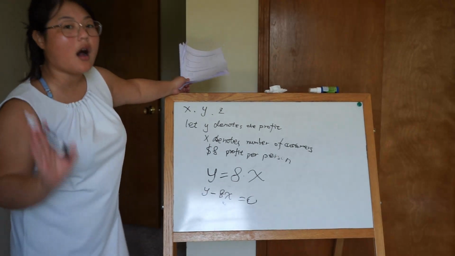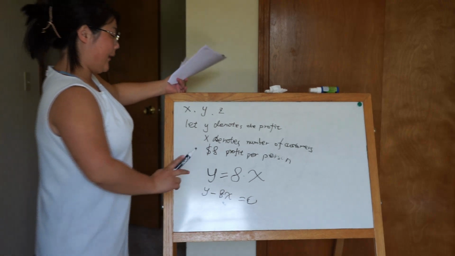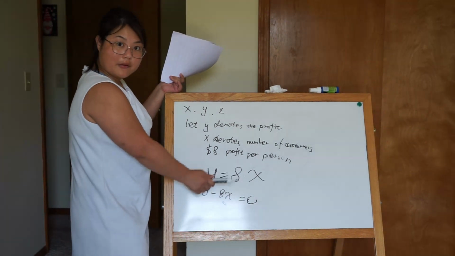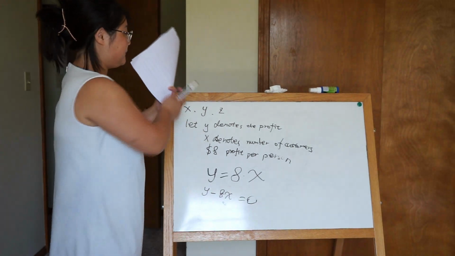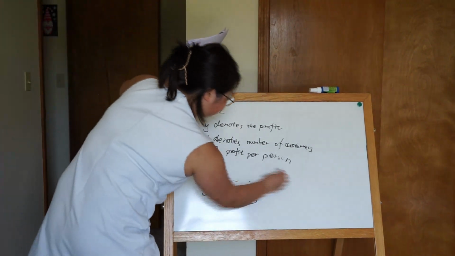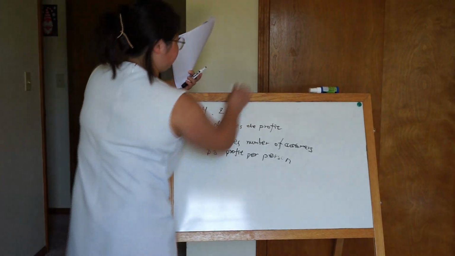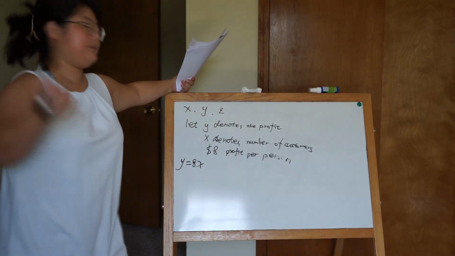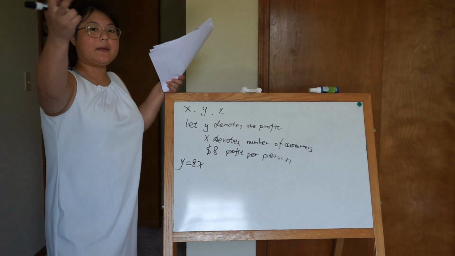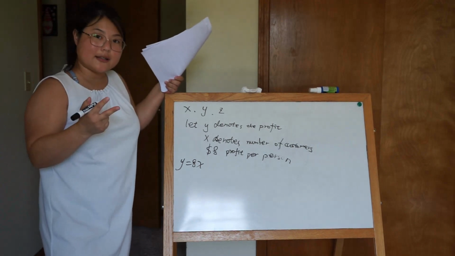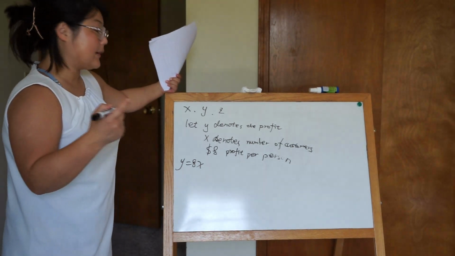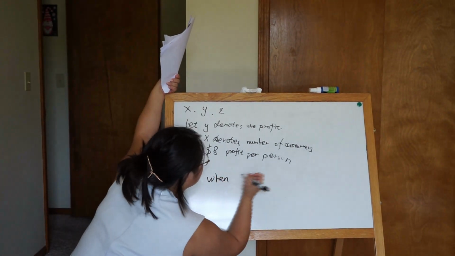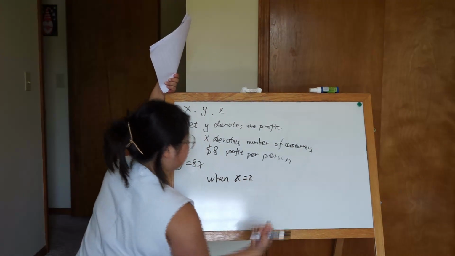And how to solve the equation? We need to get the number of these, one of them or two of them. Then we will see. Alright, remember, we have the equation y equals 8x. So if we have two people come to our store today, the condition is when x equals 2, right?